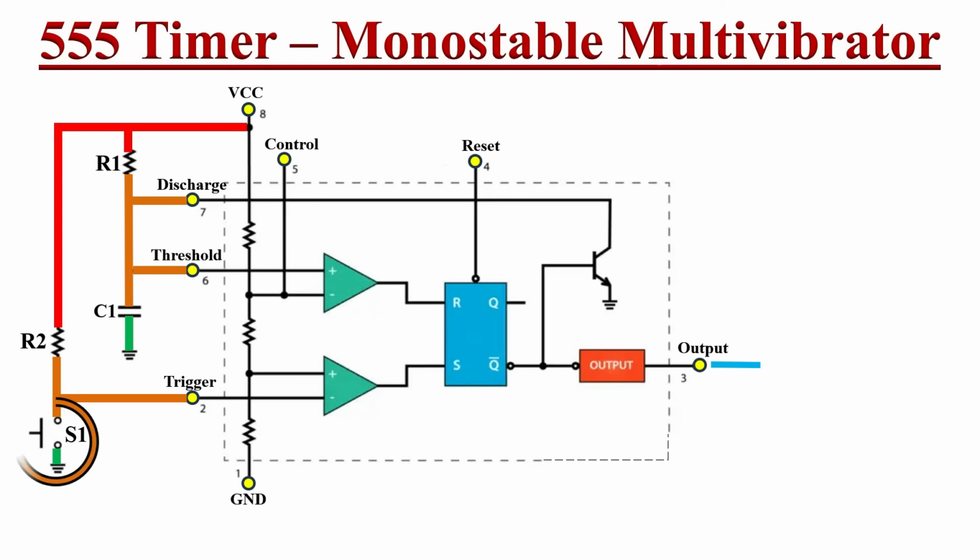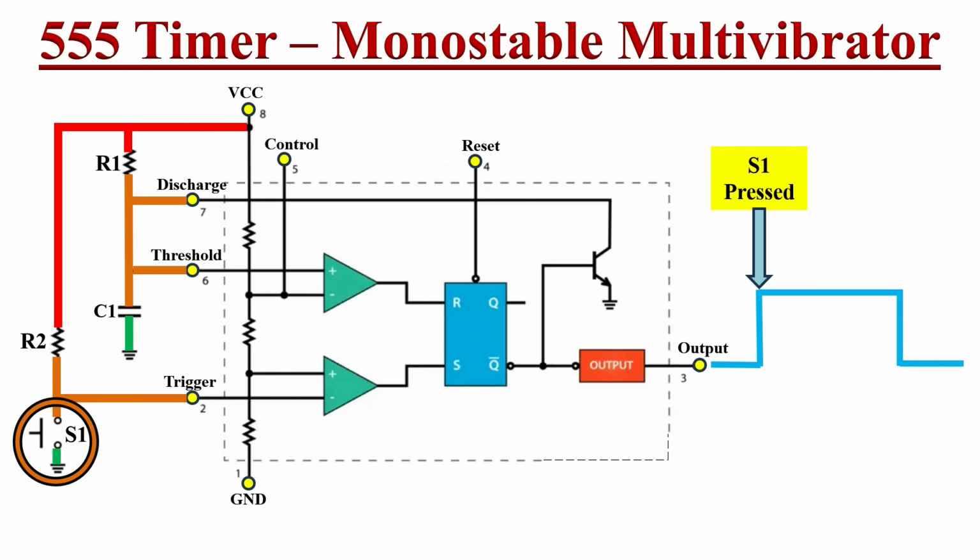When we close the switch S1, the output of the circuit changes to logic high state and holds there for a specific time duration and changes back to its original state of logic low level. The time period of this circuit is given by the expression T equals 1.1 into C1 into R1. So we can increase or decrease the time period by changing the values of R1 and C1.